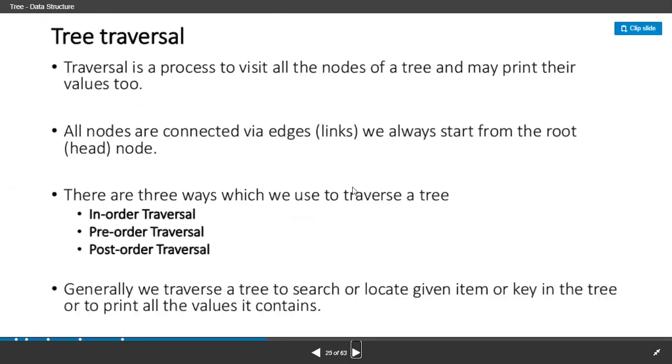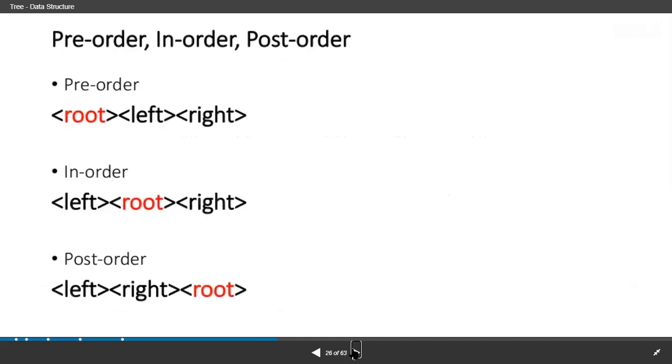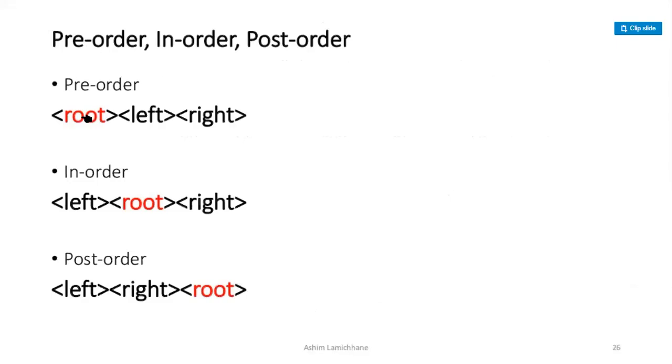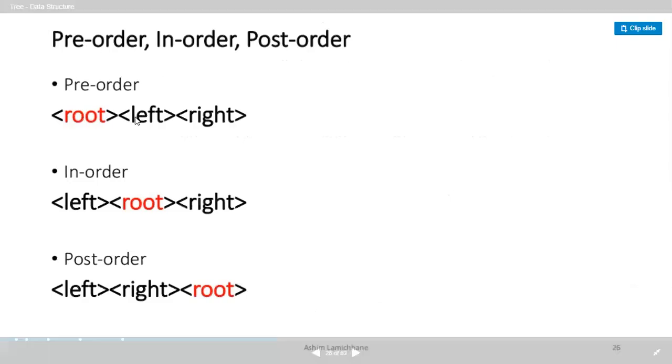There are 3 types of traversal: in-order, pre-order, and post-order. What we do, we generally traverse a tree to search or to locate a given item or key in the tree and print the values. So these are the reasons for a traversal. If you go for the pre-order, the root will come first, just like in a prefix, the operator will come first, and then the operands, left and right.